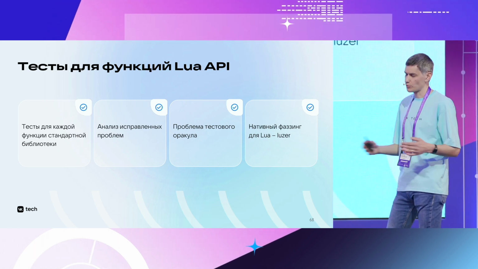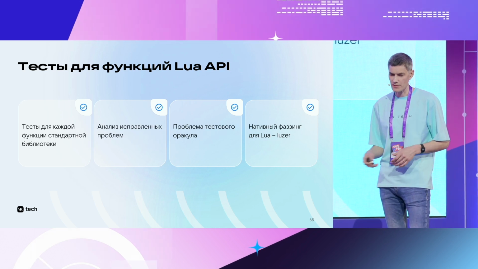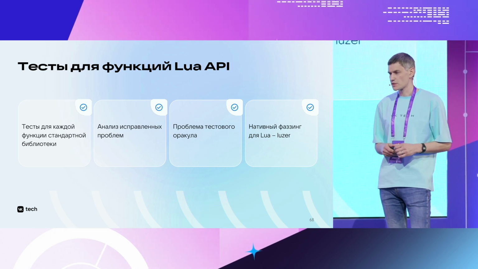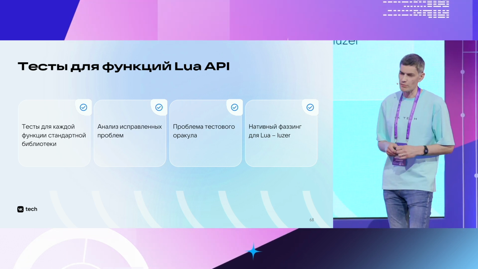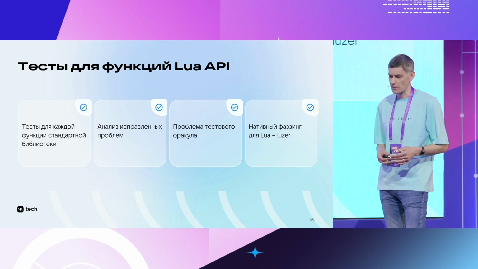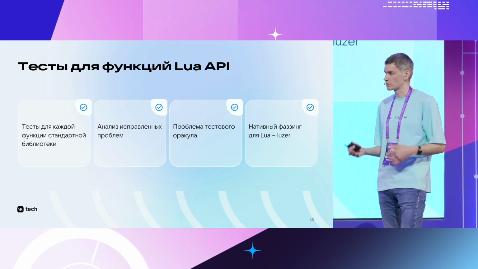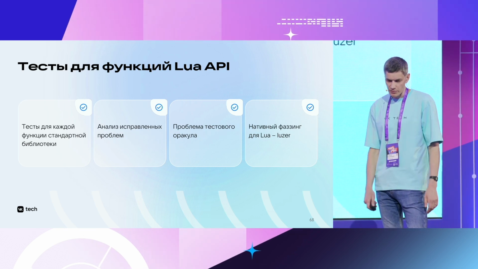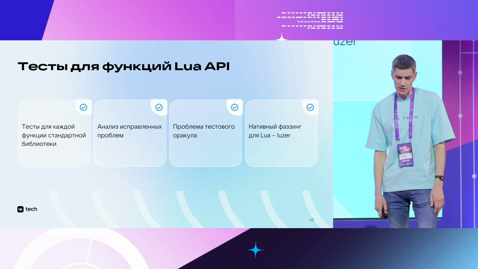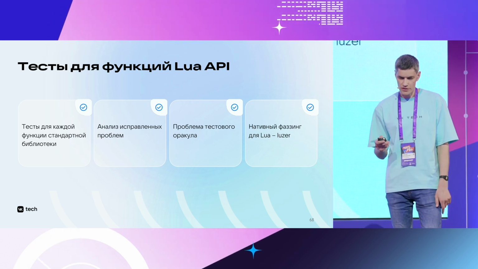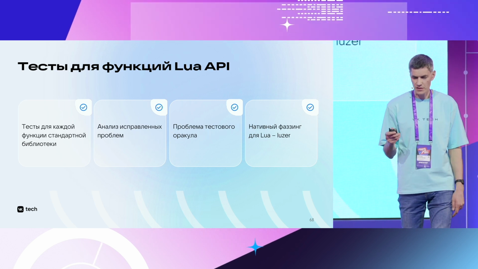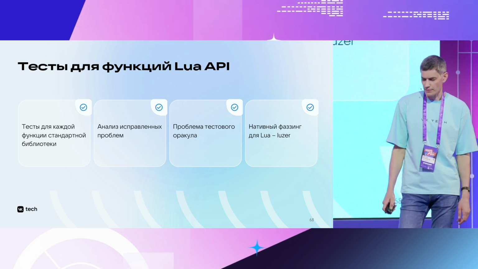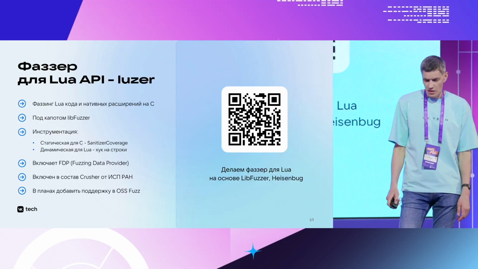For mathematical functions, it's easy. We can check commutativity and other properties which you know from mathematics. For functions which work with lines or tables, such checks are more difficult. So we wrote for each function some wrappings and used native fuzzing for Lua.